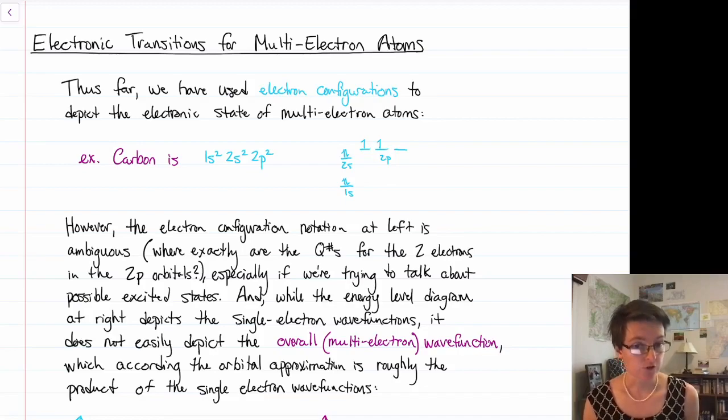And especially if we're trying to talk about possible transitions that this carbon atom could undergo, maybe a transition where the electron in my 2p orbital undergoes a spin flip, or where we disobey Hund's rule and excite the electron by putting it into the same orbital as my first electron in the 2p orbital, just writing the electron configuration would be too ambiguous for us to communicate that information.